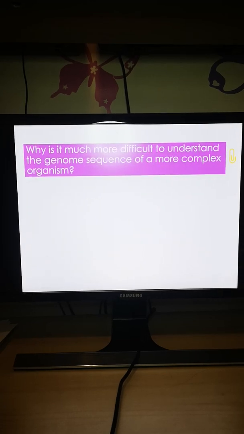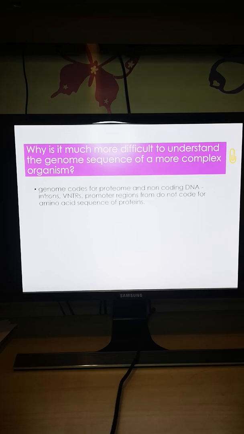Why is it much more difficult to understand the genome sequence of a more complicated organism? Again, this is a link to year 2. Like ourselves, we're very complicated. In our genome, we've got genes that code for the proteins, the proteome, but we've also got a whole load of non-coding DNA. We've got introns that you know about already.